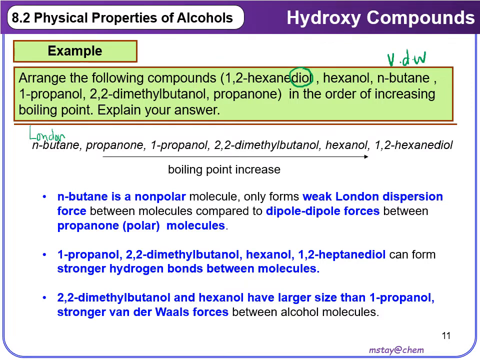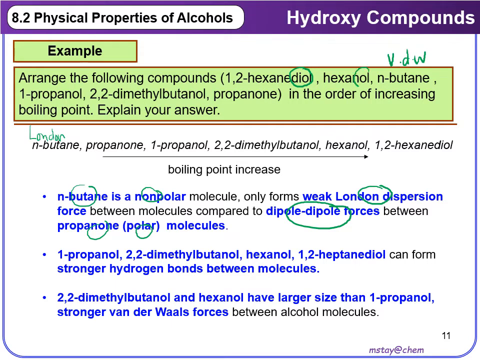Even though it is van der Waals force, propanol is a carbonyl compound, which is a polar molecule, so it is going to have dipole forces. N-butane is non-polar, so it has London dispersion force, while propanol is a polar molecule, so it has stronger dipole forces.